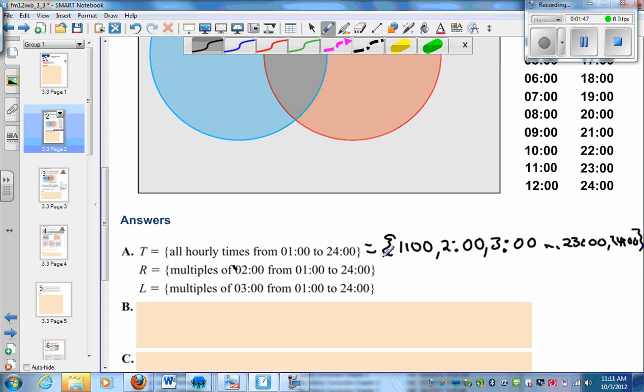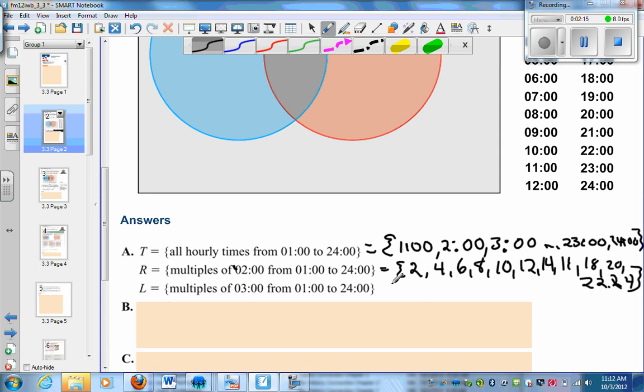Okay, R would have been all the multiples of 2. So R would have included all the multiples of 2. So we would have 2 o'clock, 4 o'clock, 6, 8, 10, 12, 14, 16, and so on, and 24.